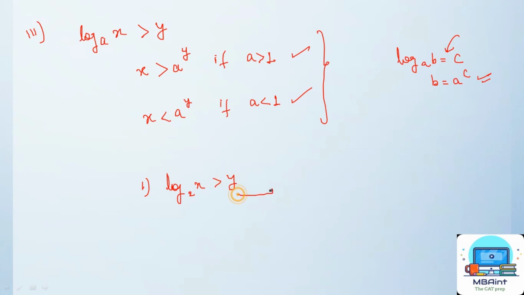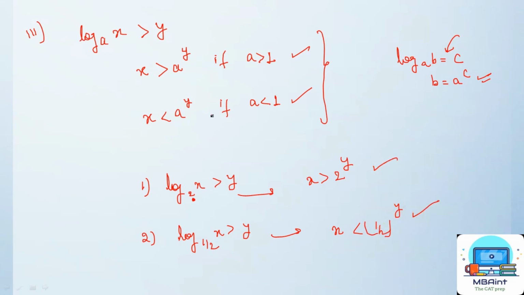The outcome here is x is greater than 2 to the power y, keeping in mind that the base is greater than 1. I'll discuss the second part as well. If the base is half and log base half of x is greater than y, in this case x will be less than half to the power y. So guys, these are small points. I hope you're going to keep them in mind when we solve the question.